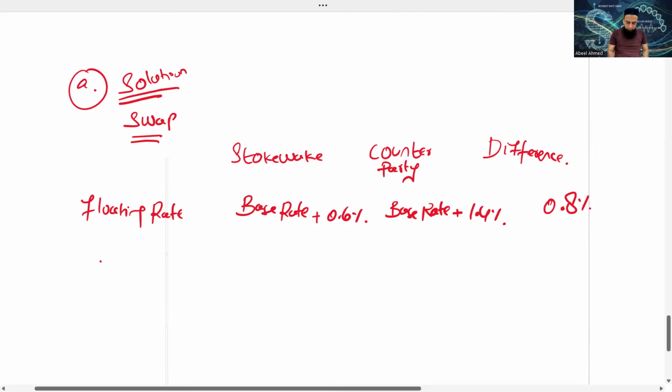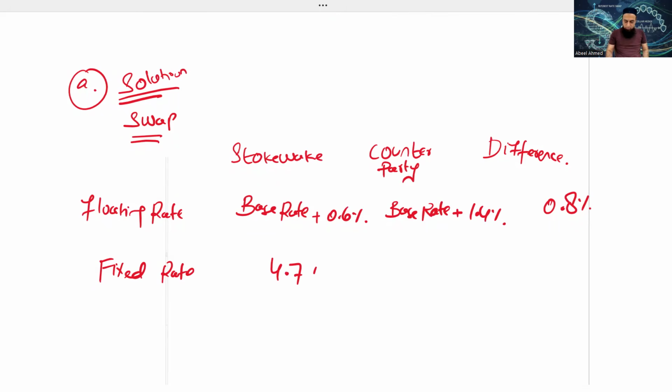Okay. Fixed rate, 4.7% and 5%. The difference between 4.7 and 5 is 0.3. Now, student, what you need to do? Now you have to take the difference of differences. If we take the difference of differences, you will get 0.5%. That's a benefit.